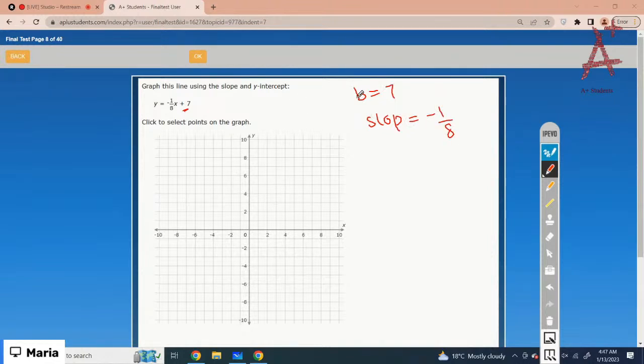The first point is the y-intercept, 7, which means the graph touches the y-axis at the point 7. Then for the slope, negative 1 means you move 1 point down and 8 points forward. Just join these 2 points and make the line. That would be the line of the graph.